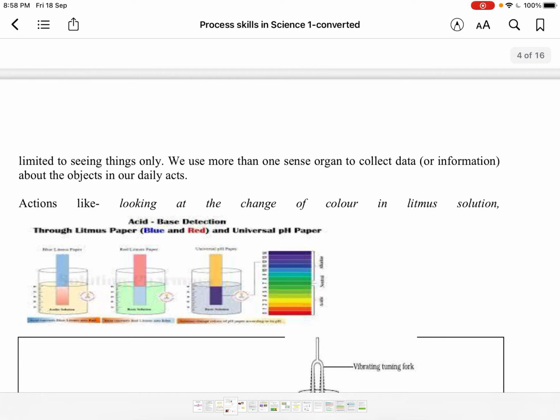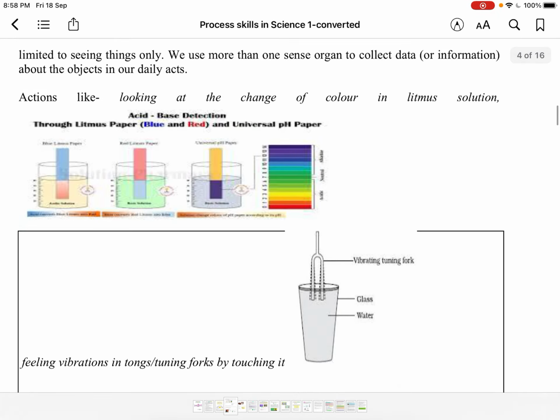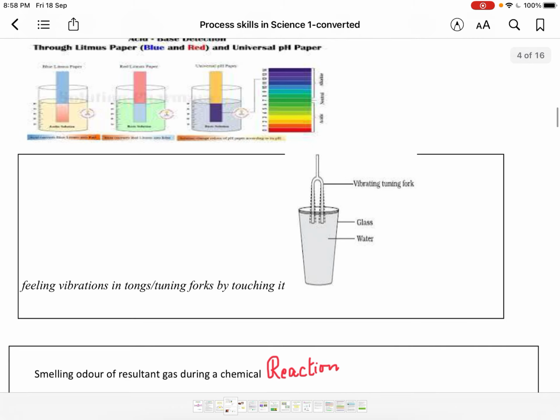If litmus paper is dipped in different solutions like acidic or base solution, it will change color. For that we make use of our sense organ, the eye. Similarly, there is another activity which we have done, or at home also, not purposefully but accidentally sometimes we must have done.